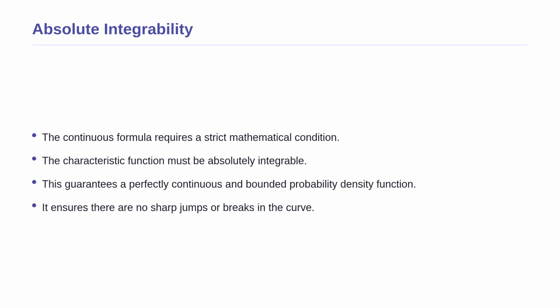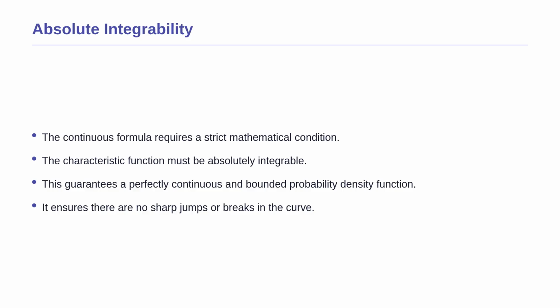Before we can blindly apply the continuous inversion formula we just saw, we must address a crucial safety check. The direct continuous formula only works if the characteristic function satisfies a strict mathematical requirement called absolute integrability. Why does this matter? Because in mathematics, we need guarantees.